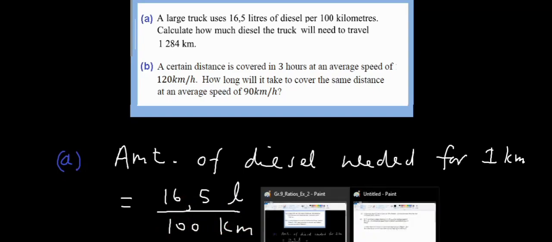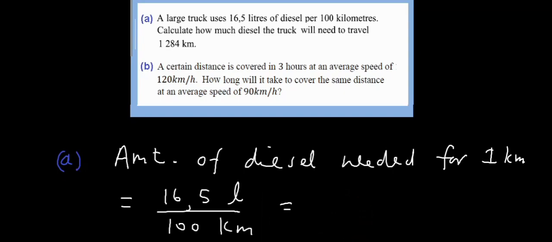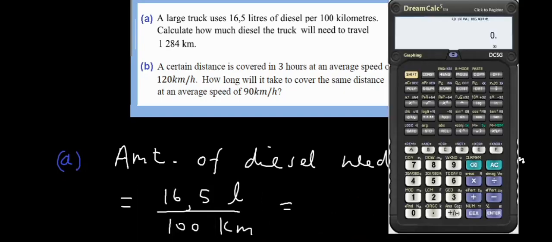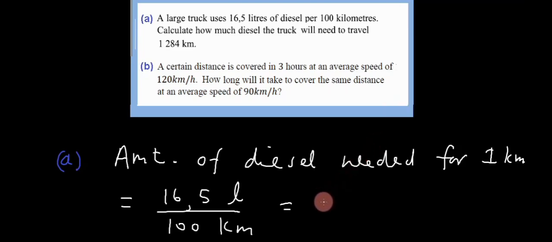So let's see what that comes to. 16.5 divided by 100, and that is 0.165. So 0.165 liters per kilometer.